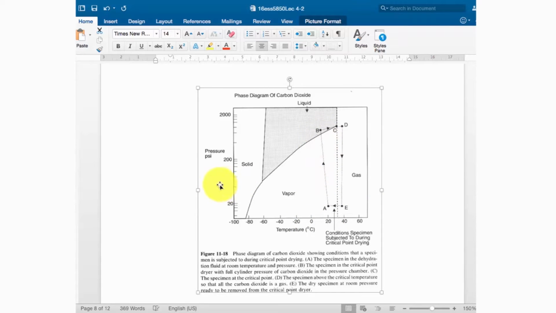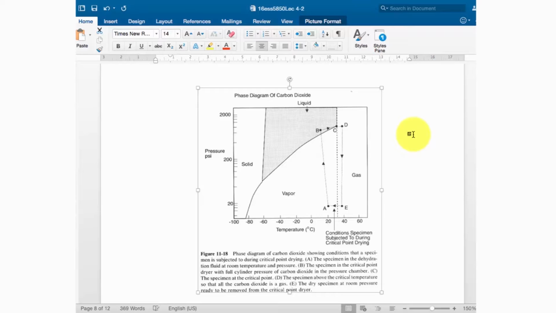The pressure here is in psi. 1 atmosphere is 15 psi, so you need to pump up to like 300, 400 psi. That means 10 to 20 atmospheres, 10 times or 20 times higher than the atmosphere, then go beyond the critical point to get rid of the surface tension problem. This we call a supercritical process.